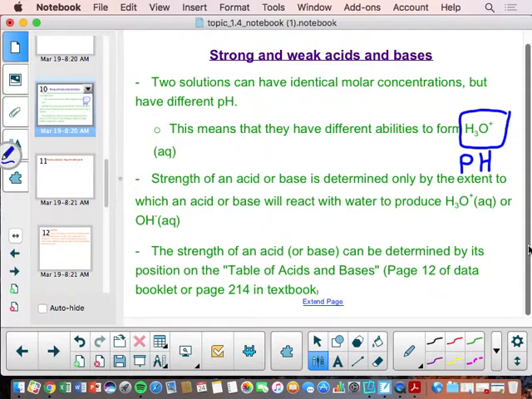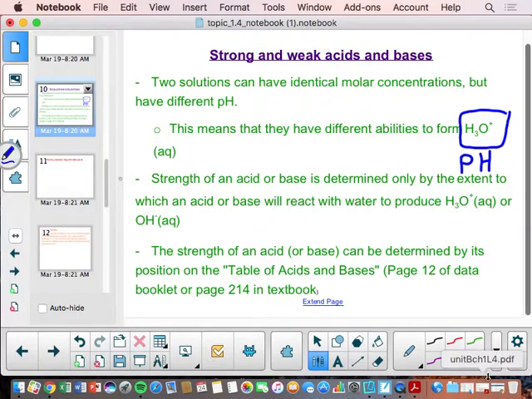Get your data booklet and go to page 12. On page 12 at the top, that table is going to tell you the strength of an acid or a base.